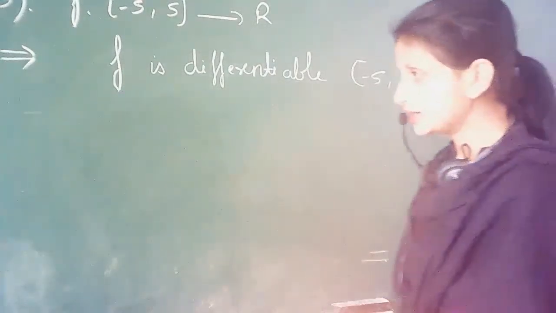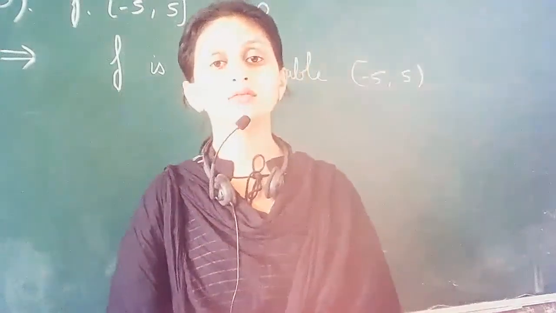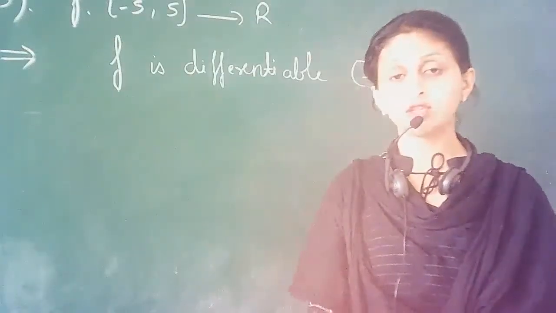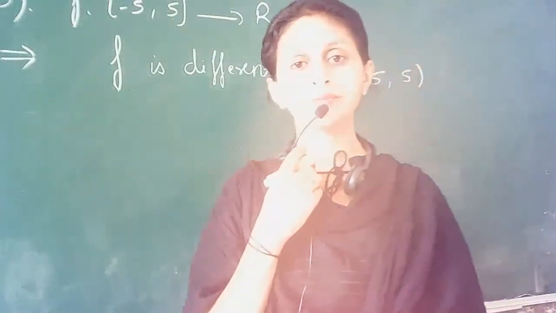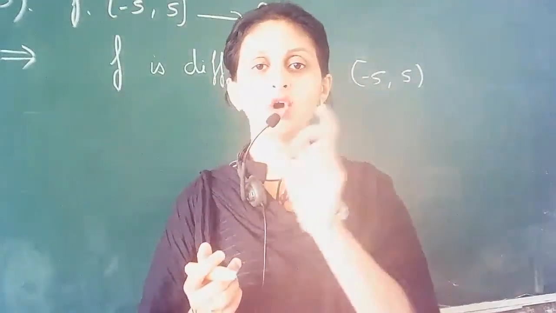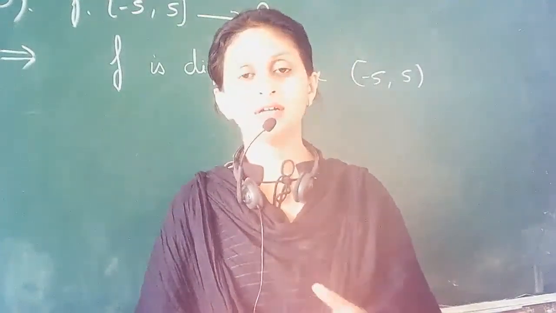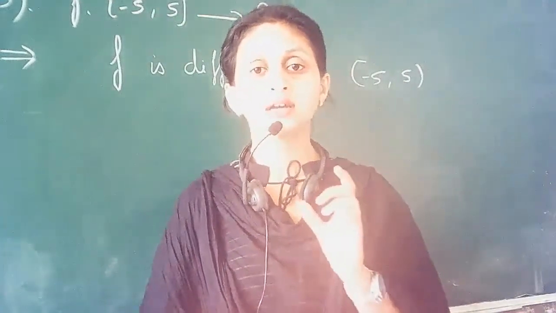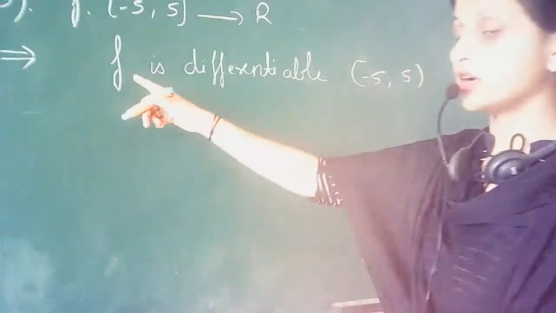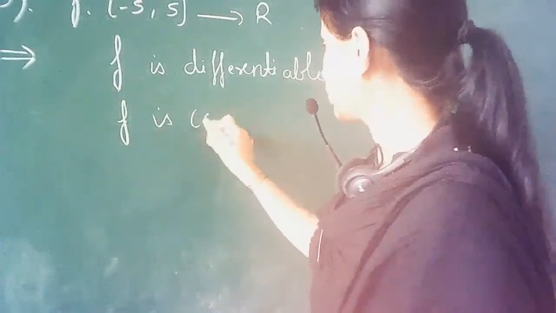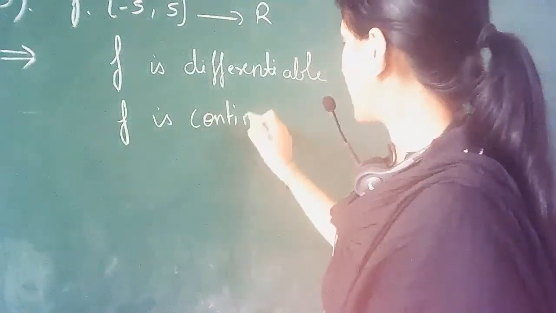Now, in continuity and differentiability, we had studied one theorem: a differentiable function is always continuous. Since this function f is differentiable, can I say that it is continuous? Yes, of course we can say, because we have learned the theorem.